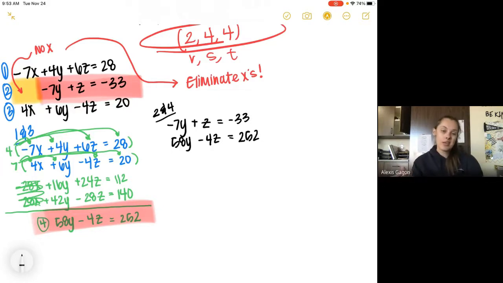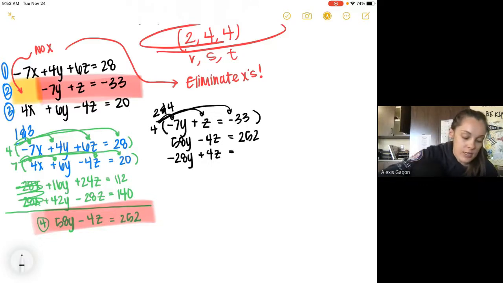I want to eliminate the z's, which will probably be easier here, so I'm going to multiply this top equation by 4. Multiplying it into all of these, we get negative 28y plus 4z equals negative 33 times 4, which is negative 132.